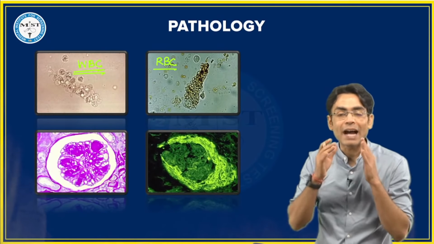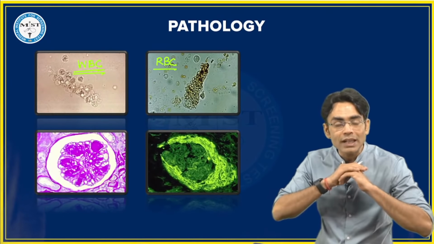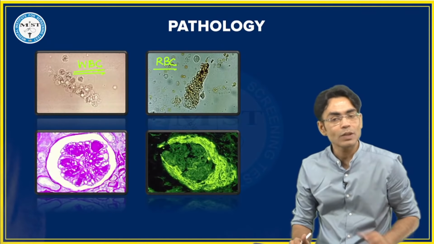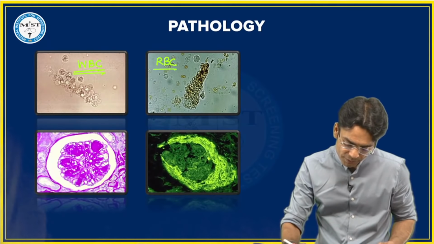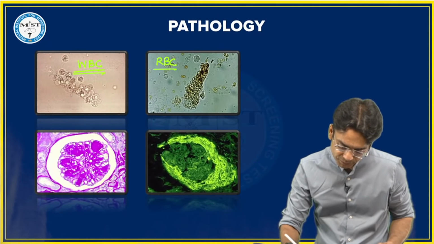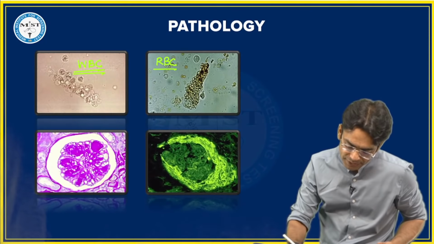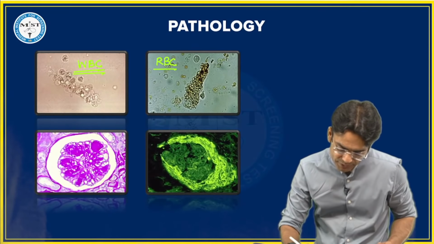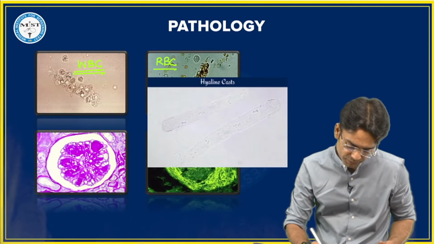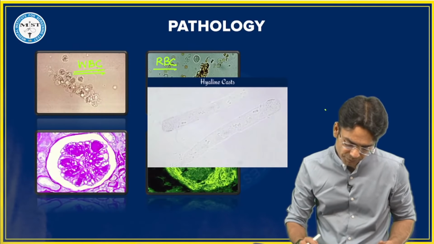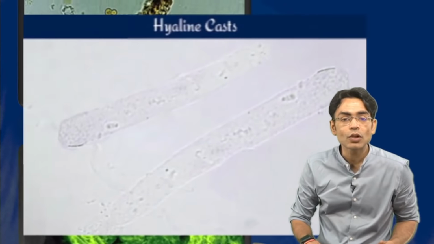Faizan, this is not hyaline. In hyaline cast you will get nothing. I'll show you hyaline cast. Hyaline casts are very, very simple. See this, this is your hyaline cast, beta.